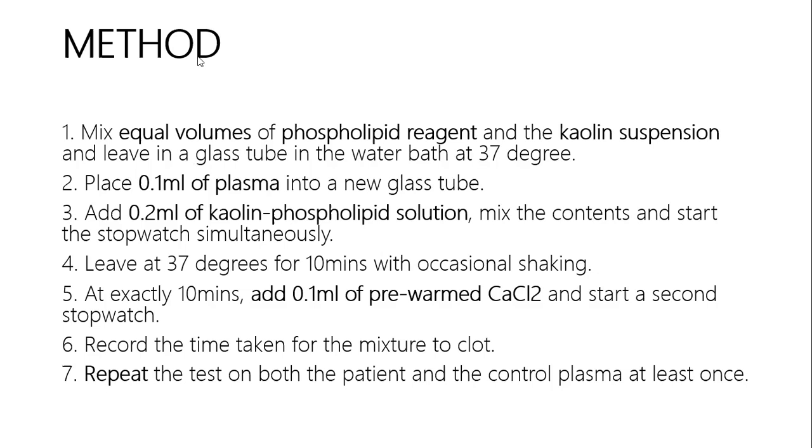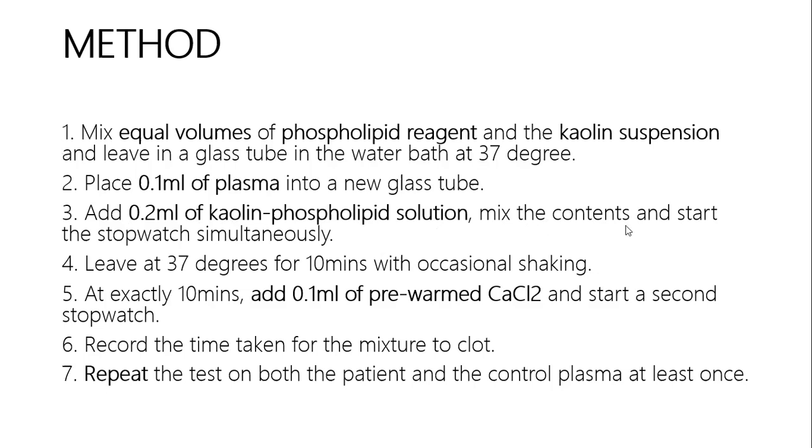Going back, this is the method for the APTT. We first mix equal volumes of phospholipid reagent and the kaolin suspension and leave in a glass tube in the water bath at 37 degrees Celsius. Then we place 0.1 ml of plasma into a new glass test tube. Then we add 0.2 ml of kaolin phospholipid solution, which we get from step 1.